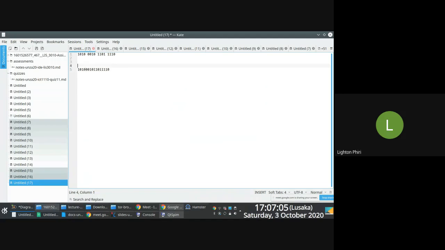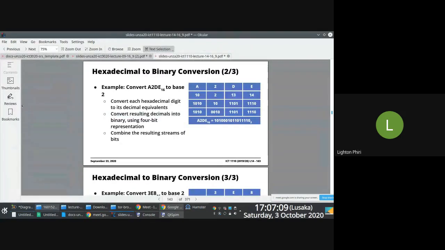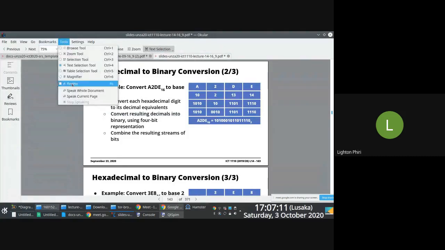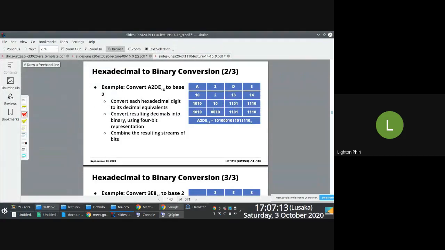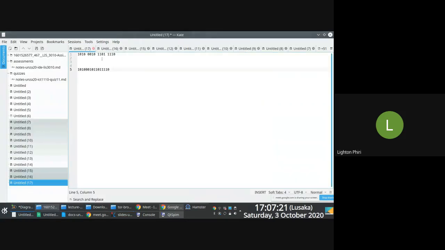But assuming that we missed out the third step here, where we made sure that all the resulting solutions are represented using 4-bit representation, we would have ended up with an answer that is similar to this here. Observe. No zeros here. This would have been our answer. And guess what?